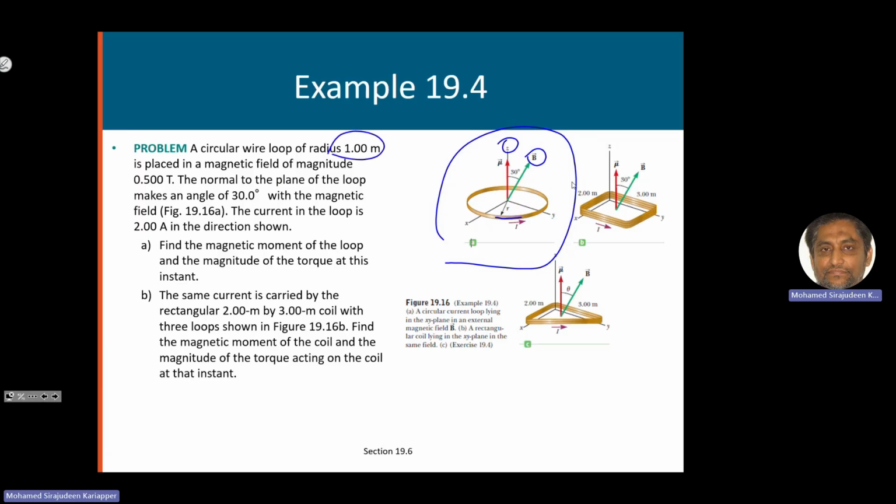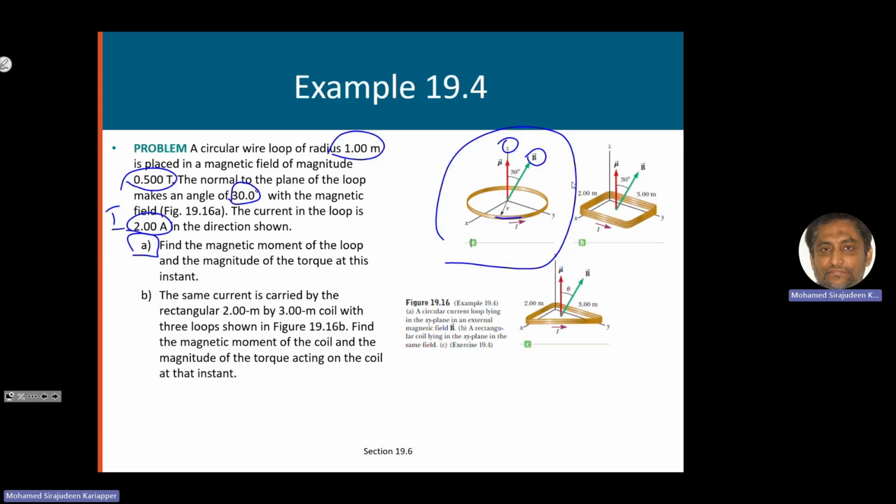The radius of the circle is given as 1 meter, and the magnetic field strength is given as 0.5 Tesla, with direction making 30 degrees with the z-axis. The current in the loop, I, is also given. Question A: find the magnetic moment of the loop and the magnitude of the torque at this instant.